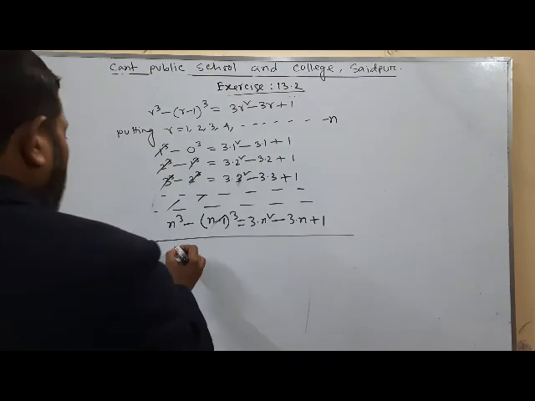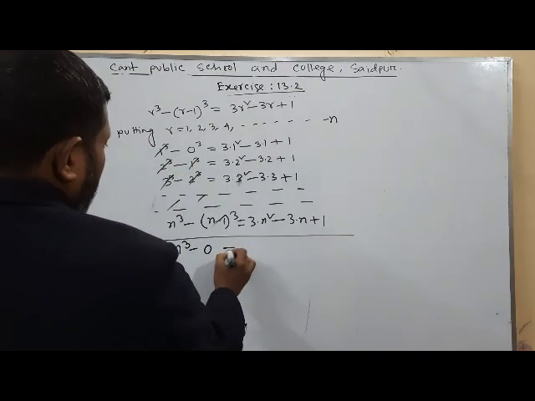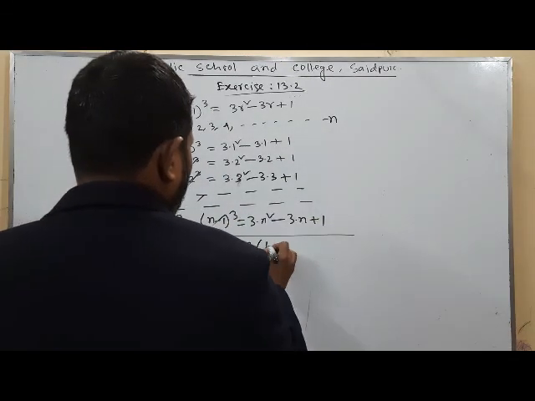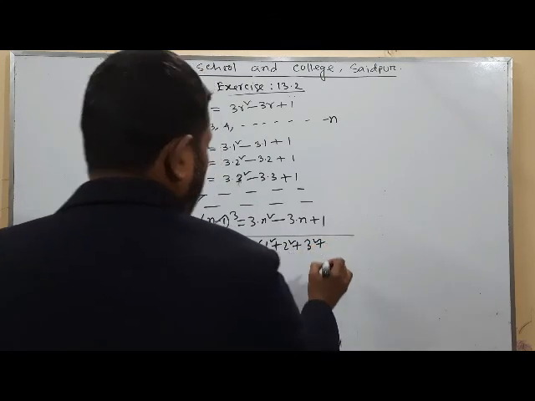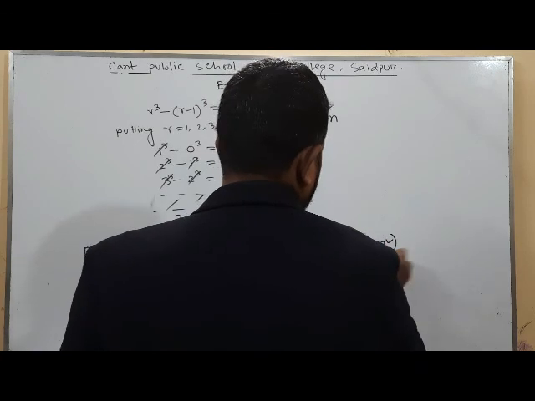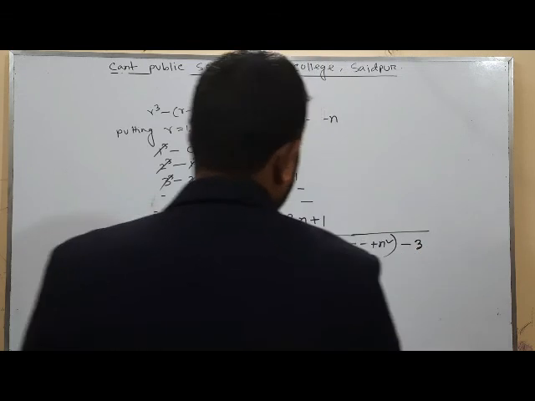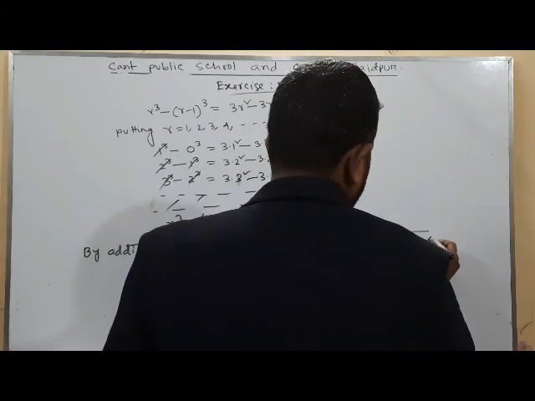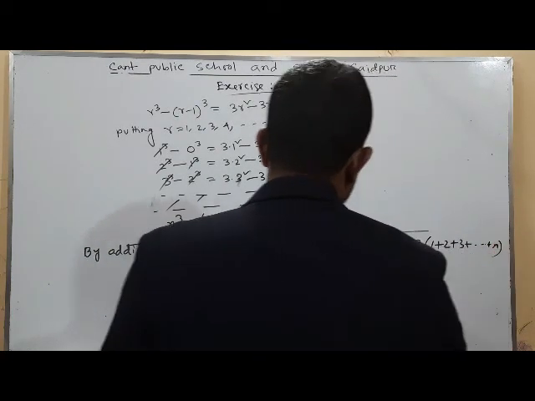Then we get here n cube minus 0 cube, that is n cube. If we take common 3 here, 1 square plus 2 square plus 3 square plus n square. Here if we take common also 3, then we get 1 plus 2 plus 3 dot dot dot n.